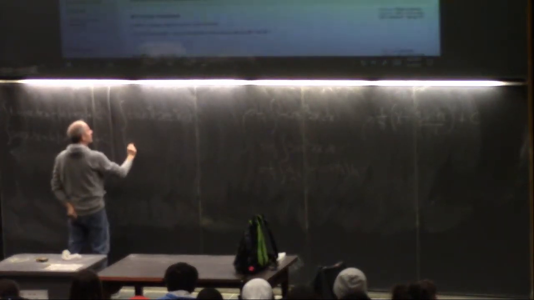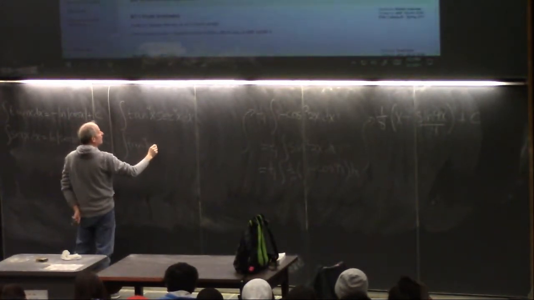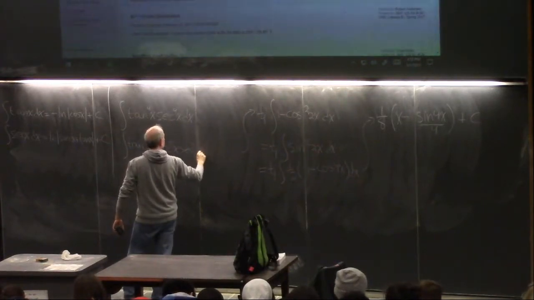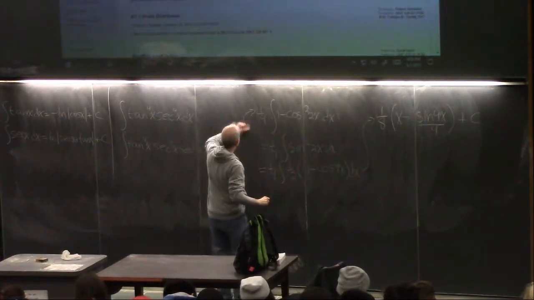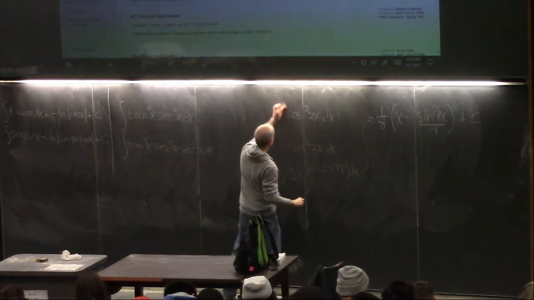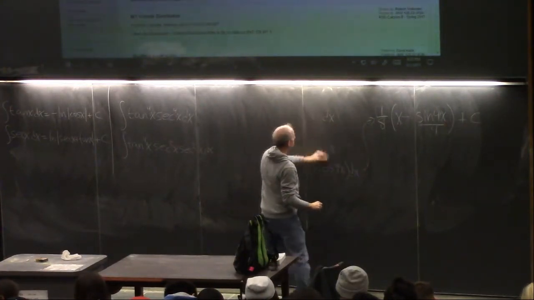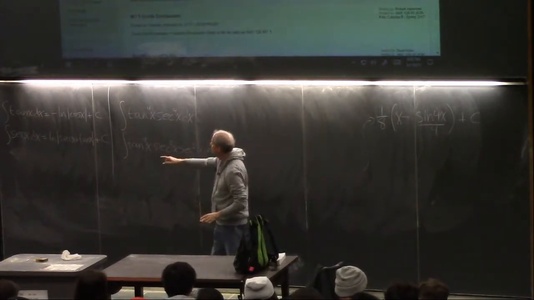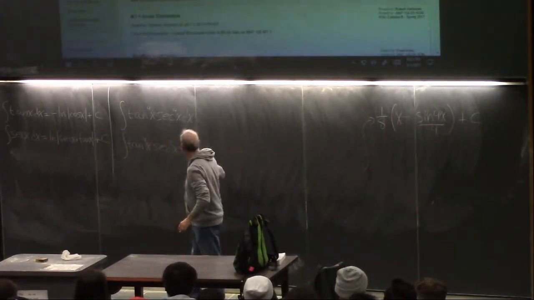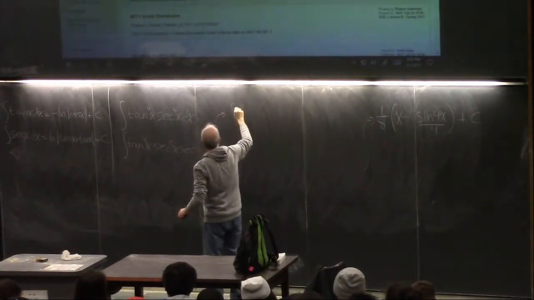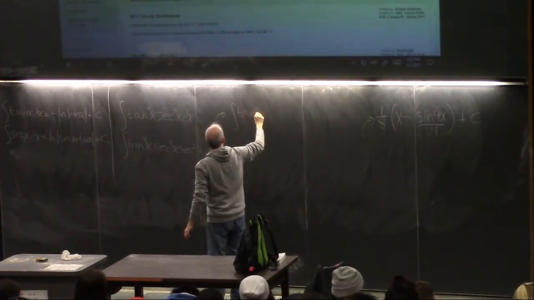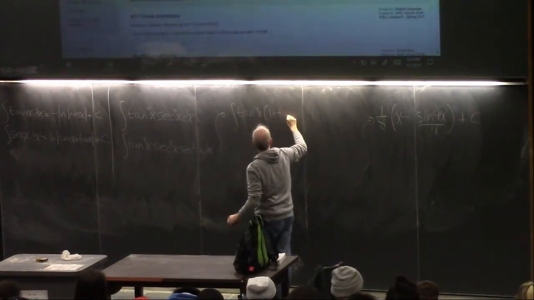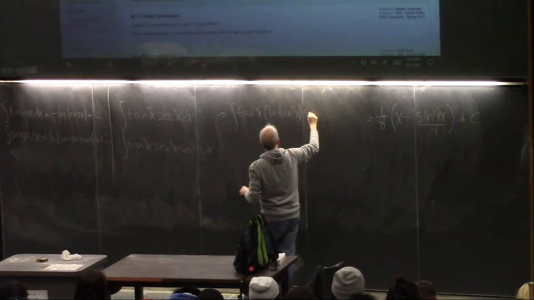So what if I make this tan to the 4th x, and I break this into secant squared x dx? How is that going to help? Well, because 1 plus tangent squared is secant squared. So you get tan to the 4th x times 1 plus tangent squared x, secant squared x dx.